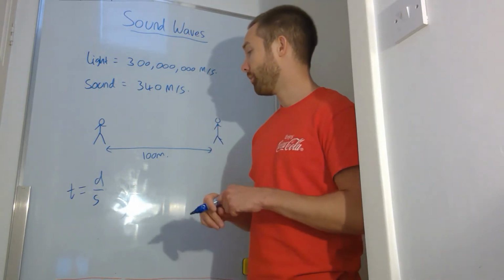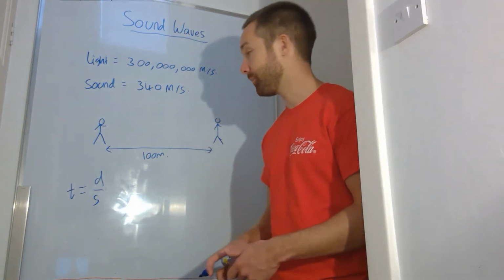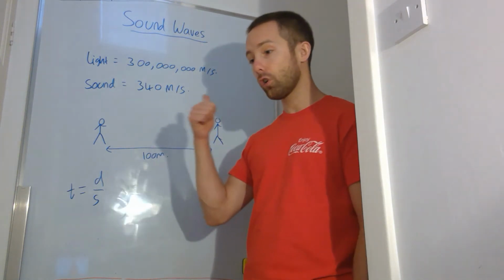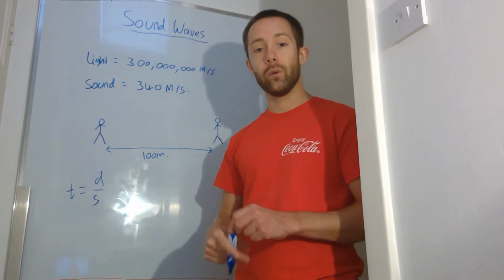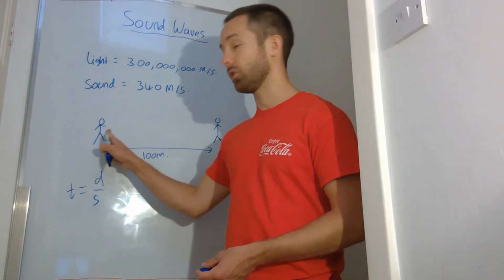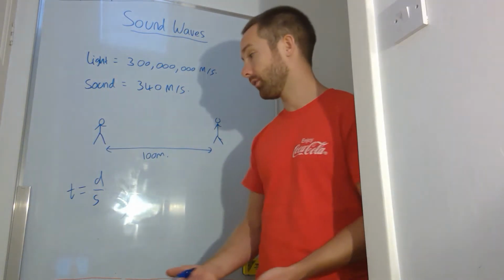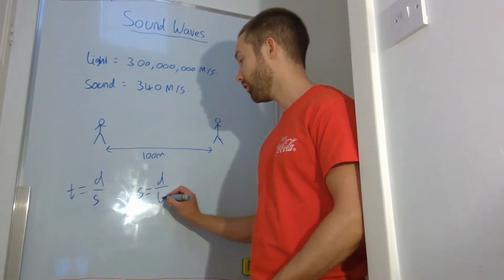However, the sound is going to take some time to get there. If you start a stop clock when you see the person clap, and you stop it when you hear that clap, you are going to find the time that it takes for sound to travel 100 meters. And simply, your speed is just going to be the distance over time.